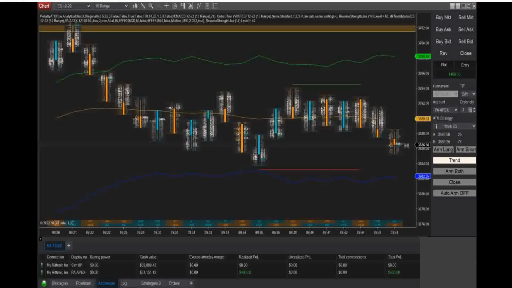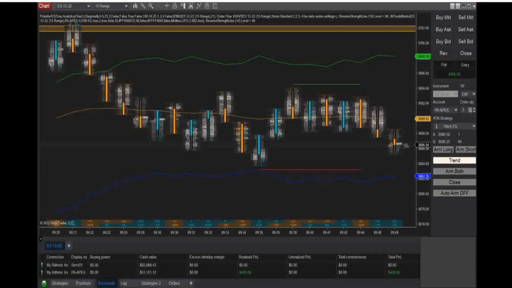I saw that the price was moving down, and I saw a delta divergence because there's a bar that's orange and the delta is blue. So it got me thinking that potentially we might be able to break out to the downside. We see that it already tested it once at the 3684 level.